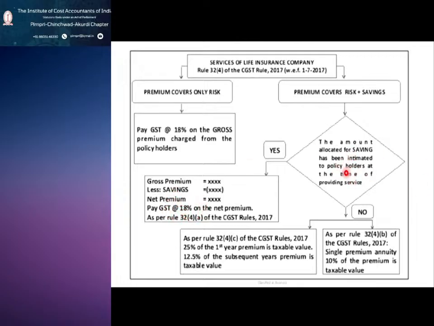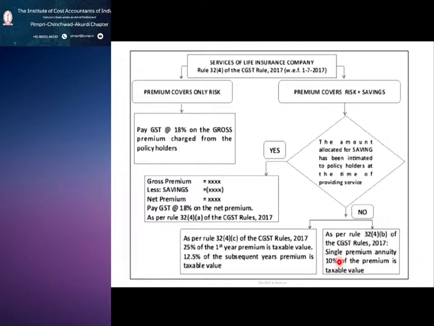If not intimated at the time of providing service, there are two things. One is 25% of the first year premium is taxable, and then 12.5% of subsequent premium is taxable. These are the two repetitively asked in previous years' questions, so you need to focus on these two areas.